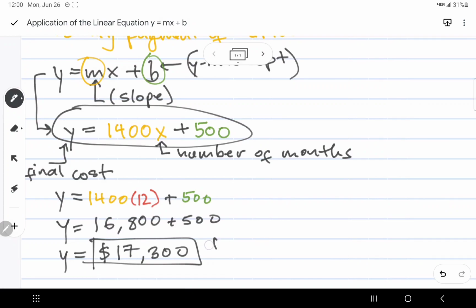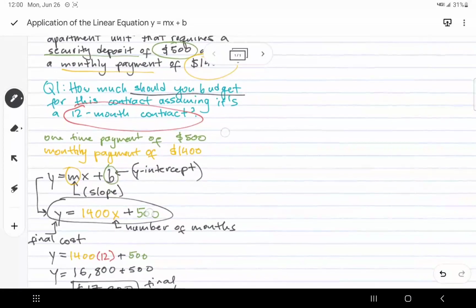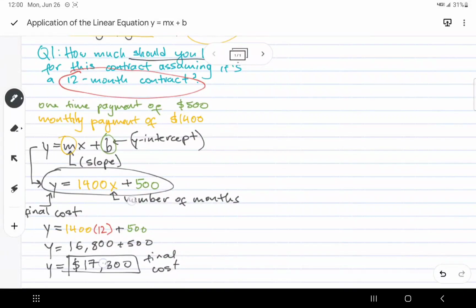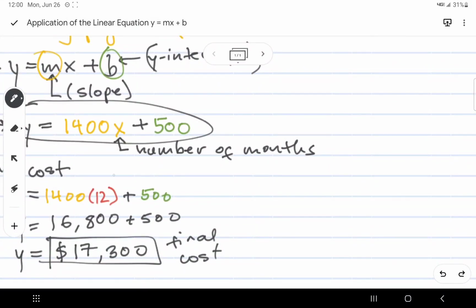So that is how much you would be paying for a 12-month contract that has a security deposit of $500 and a monthly payment of $1,400. Now, obviously, if you are only staying 6 months, then this number here you would change to 6 months. So it would be 1,400 times 6. So let me just do that real quick. So this is for 12 months, right?